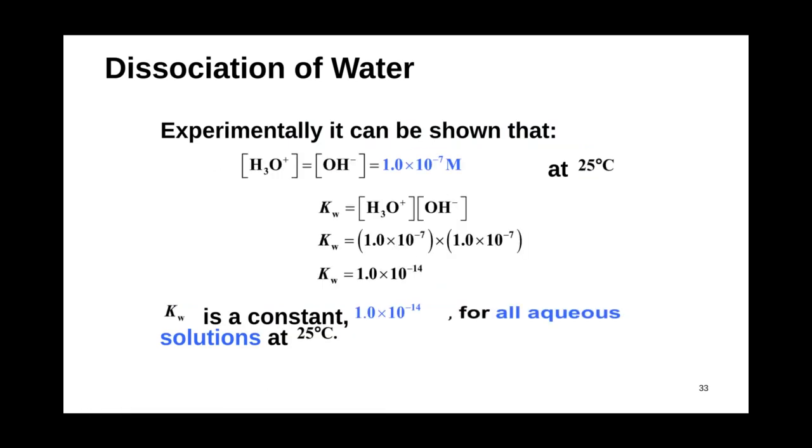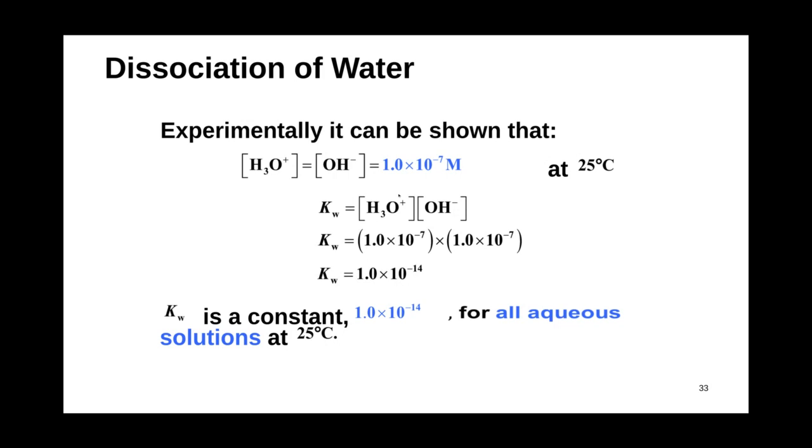Now, experimentally, we can actually physically show what this looks like. When you calculate the concentration of hydronium and hydroxide in water at 25 degrees C, so room temperature, our standard temperature, the concentration of both of these ends up being 1.0 times 10 to the minus 7 molar, or moles per liter.